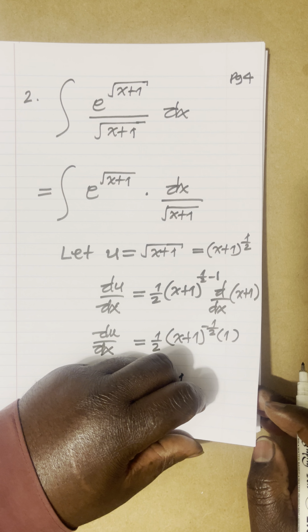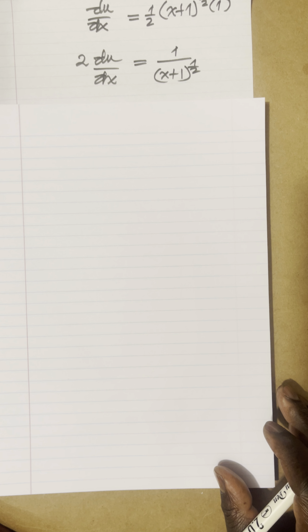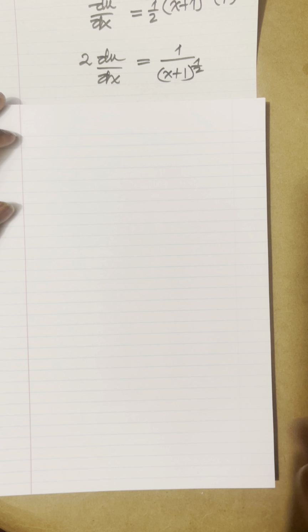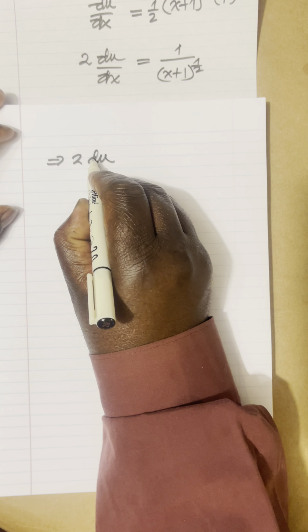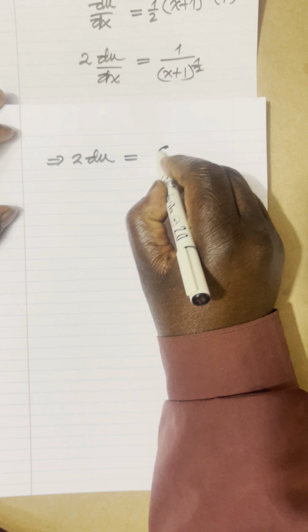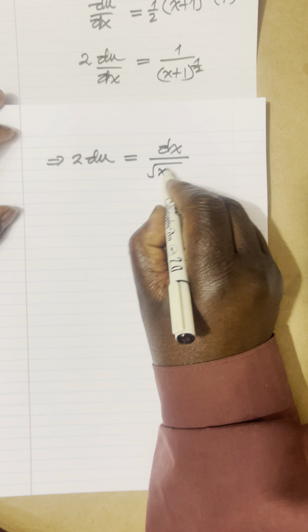Taking us to page 5, just to finish this off. Rewriting that expression, what we have now is 2 du is equal to dx all over square root of x plus 1.